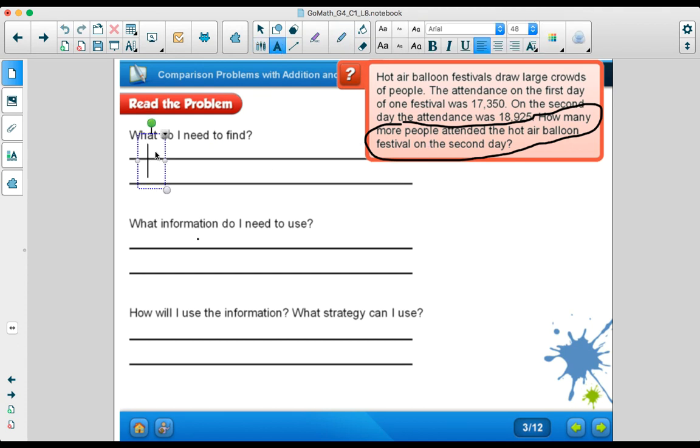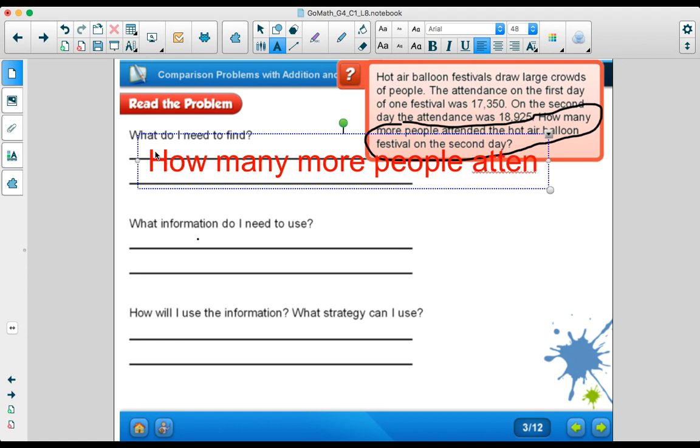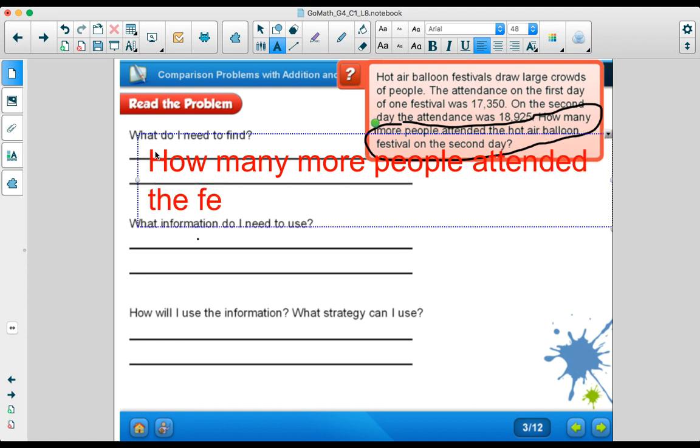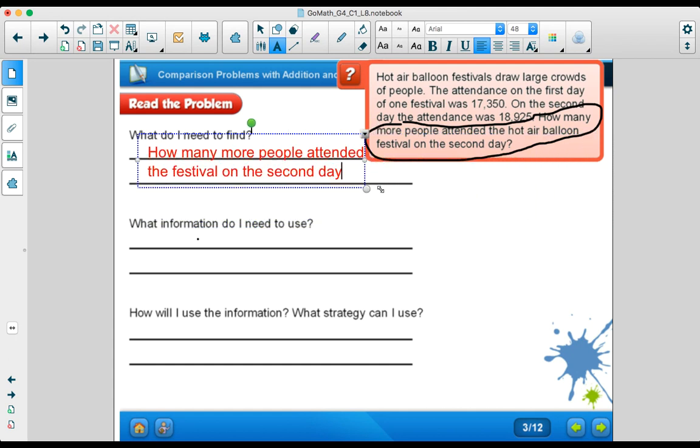How many more people attended the festival on the second day? Please write that in your Go Math book. You may stop this video right now until you finish writing it.